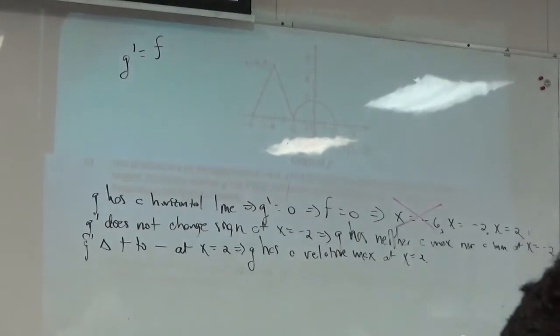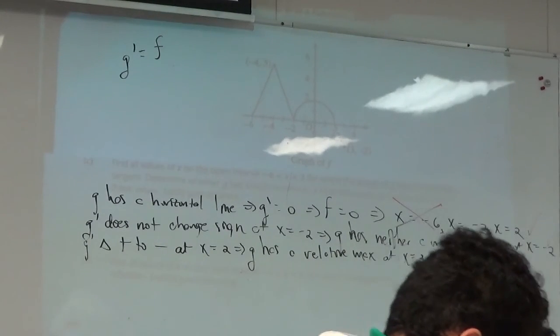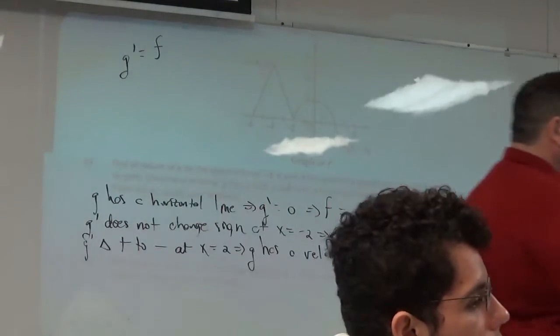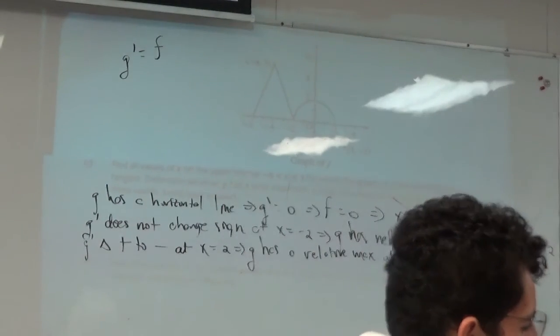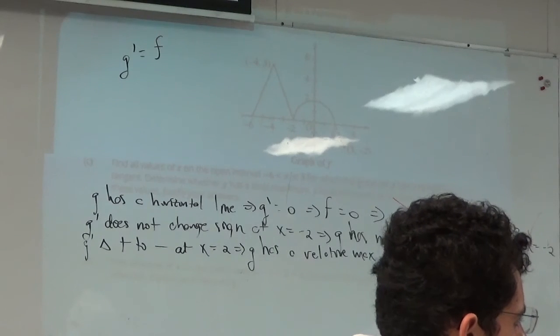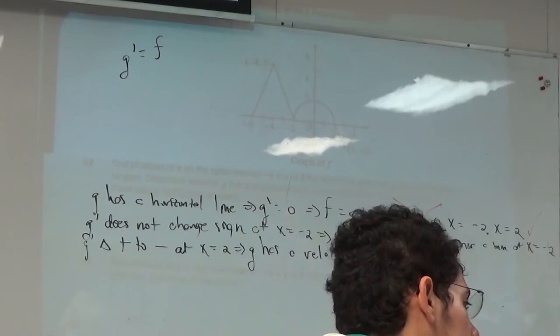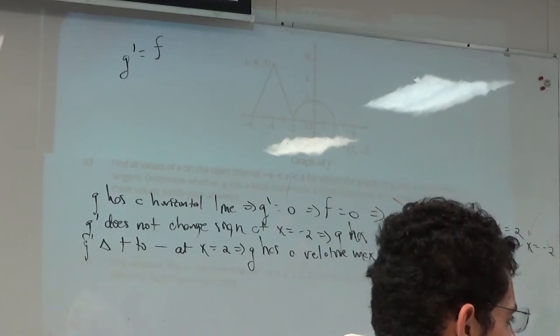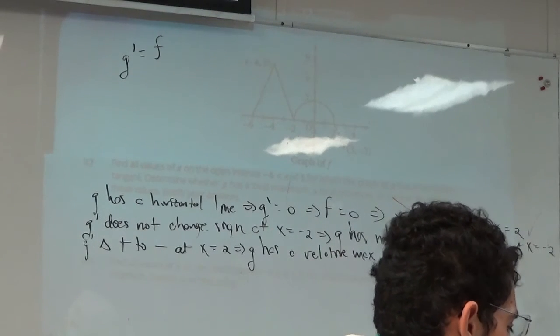Find all values which the graph of G has a point of inflection. We have to find G double prime, right?